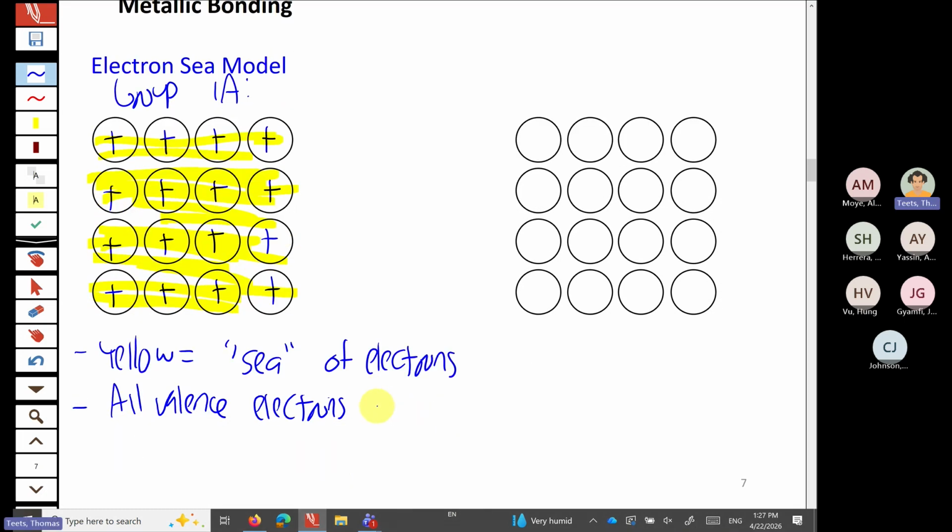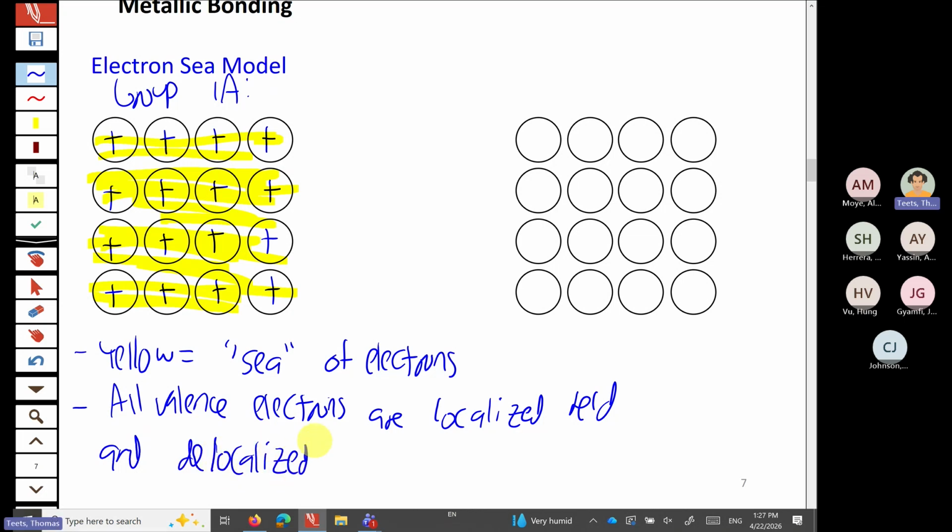So in metals, all valence electrons are loosely held and delocalized. That's responsible for holding all of those nuclei together in these regular crystalline solids, these electrons acting like a glue that holds everything together.